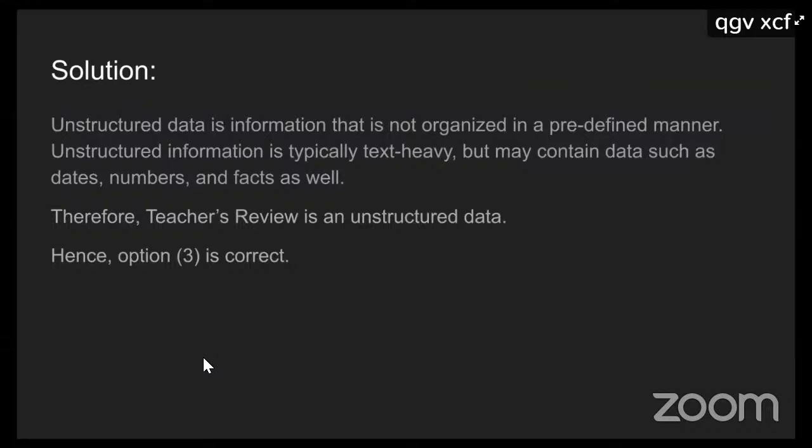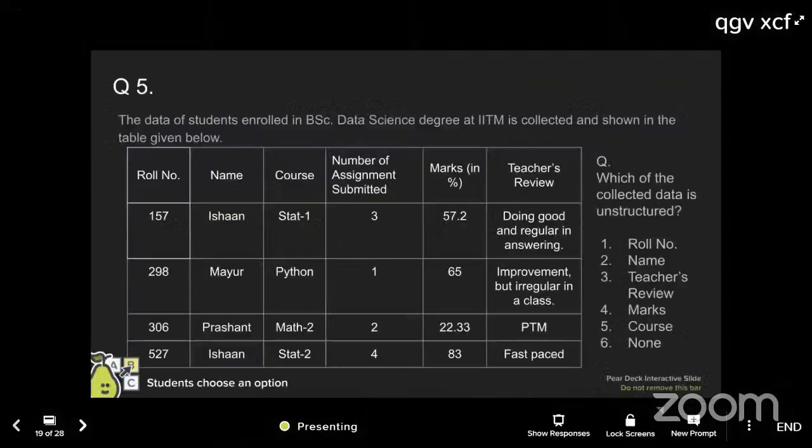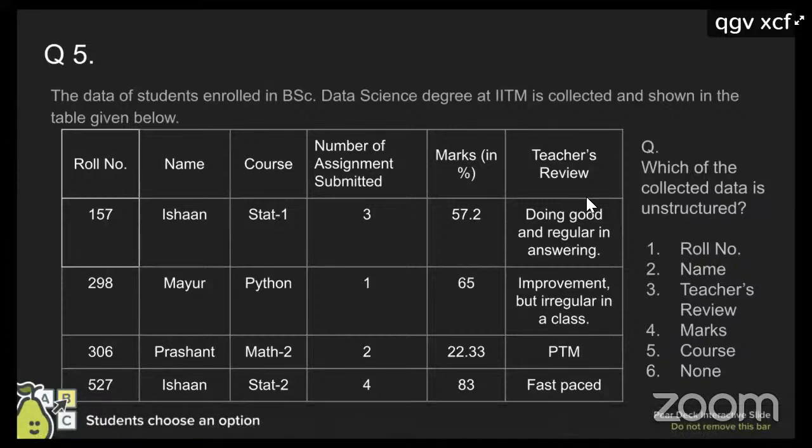But sir, if there is a boundary, then it will be structured data, right? Yes, if we have preset it and mutually agreed on terms, say the 4 or 5 reviews that we give. Suppose I say for 3, I will write average, for 4 good, for 1 bad, and for 2 something medium.